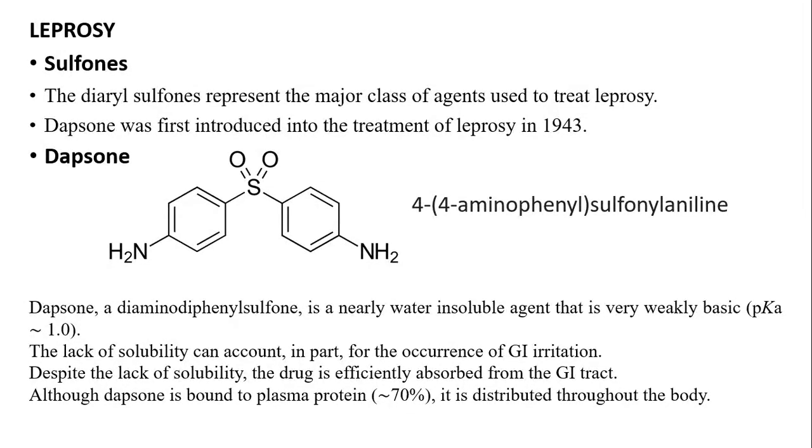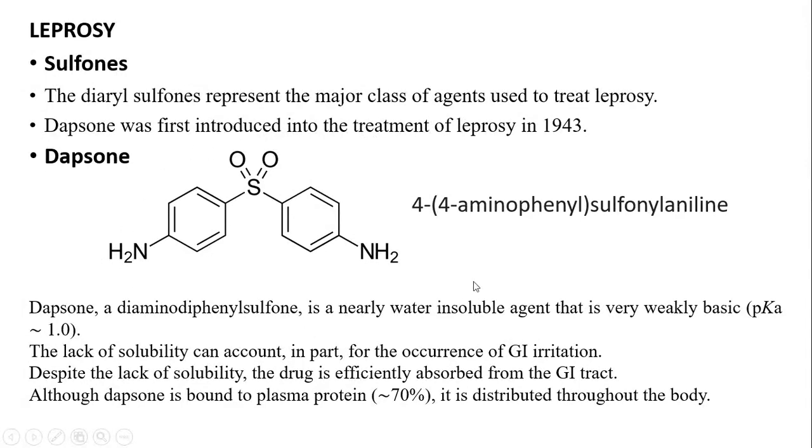The first agent belonging to the sulfones is dapsone. It contains a diaryl sulfone group. This dapsone was first introduced in the treatment of leprosy in the year 1943. So this is the structure of dapsone which is in front of you.